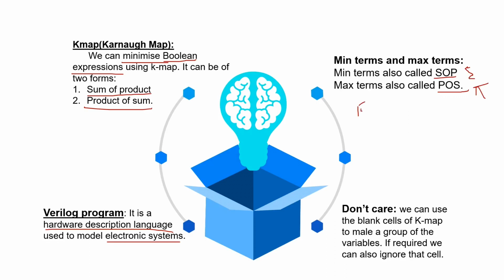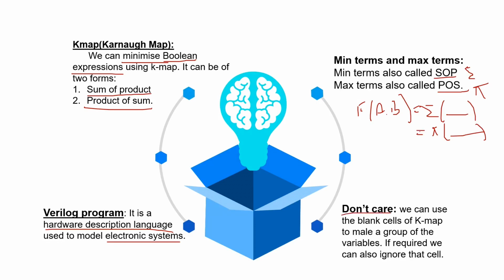If f of a, b is equal to sigma of some positions, then it is min terms. These are min terms. If it is pi of some positions, then it is max terms. Okay, then we have don't care.